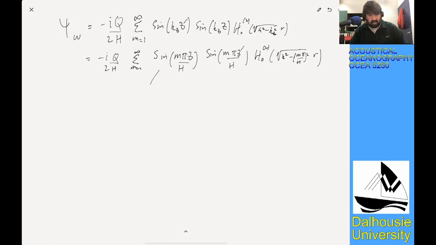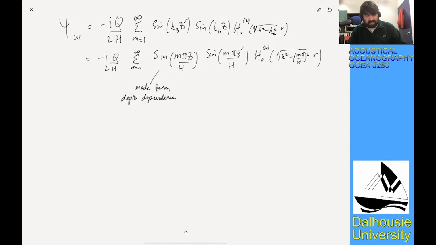Well, this is what we call the mode term. And it really describes the distribution of pressure. I mean, it really describes the depth dependence, right? Now, it doesn't describe all of the depth dependence, but it's the only term with z in it, right?